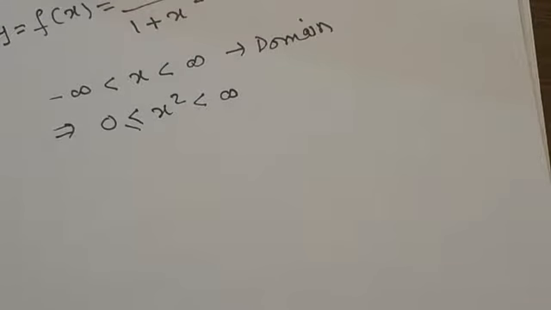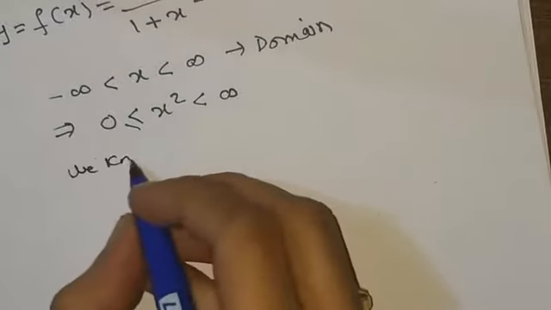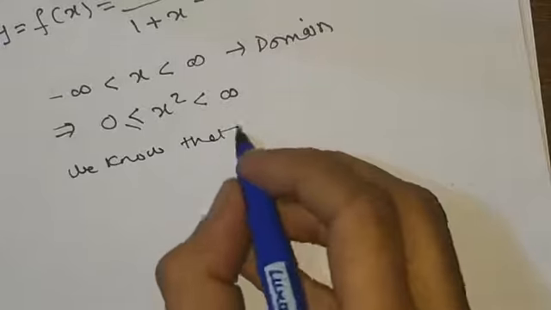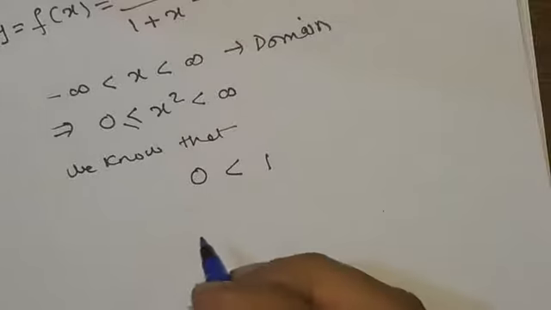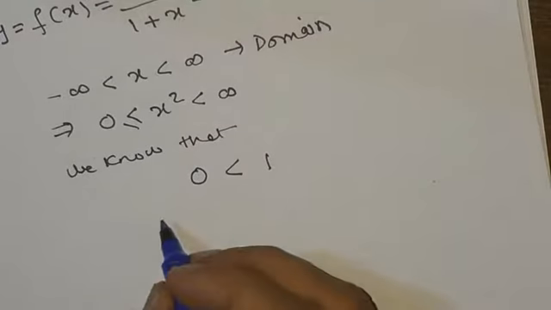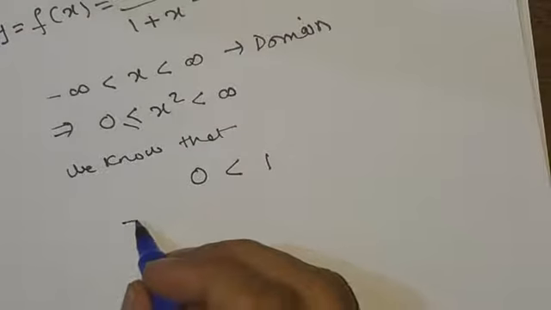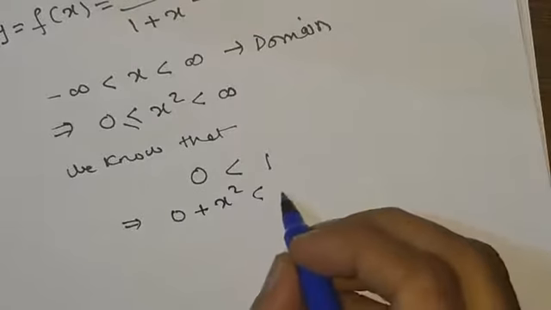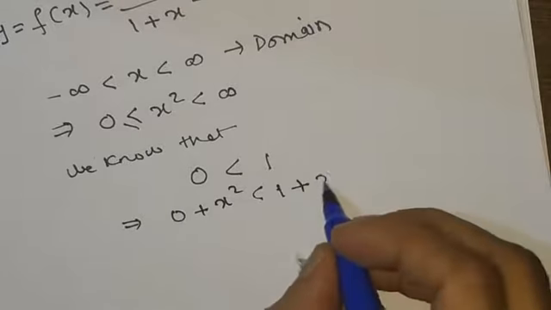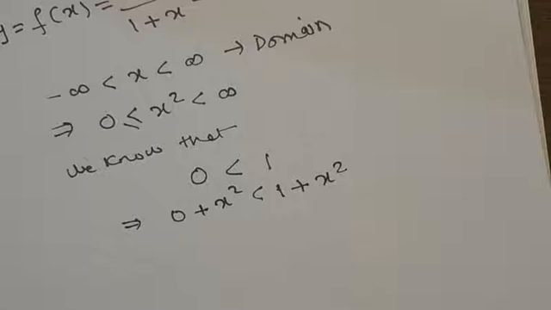Okay, now we know that 0 is less than 1, right? 0 is less than 1. Now if we add x² throughout the inequality, what we will get? We will get 0 plus x² less than 1 plus x², right?